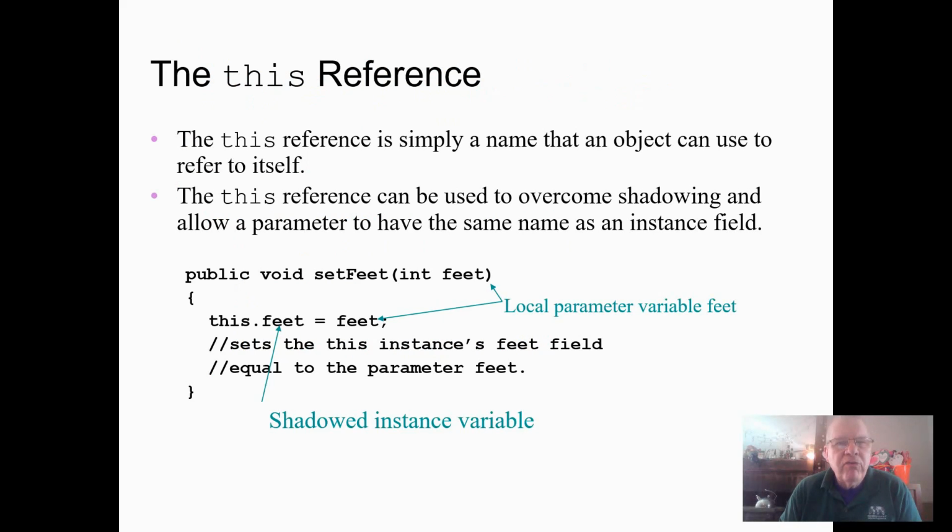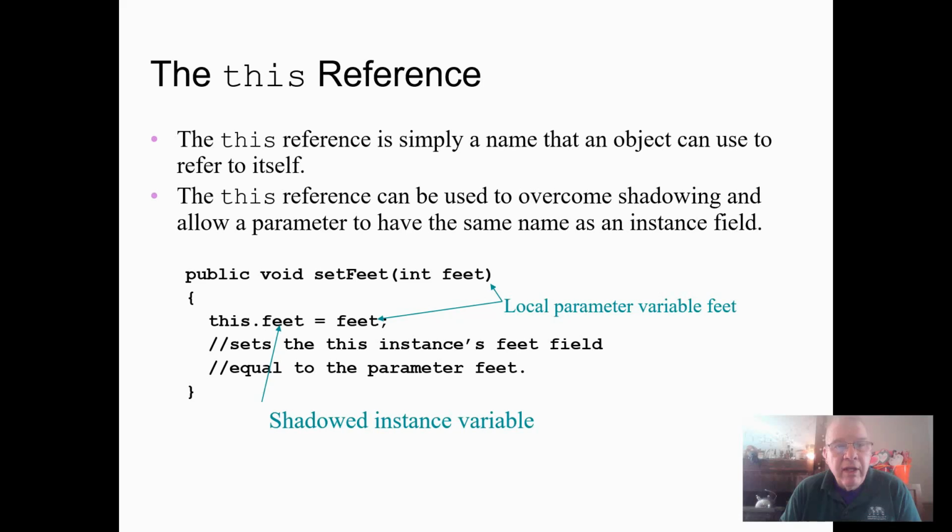So let's talk about the this reference. This just points to the object itself, and that can be used in several circumstances. It helps overcome shadowing. If in this constructor setFeet took an argument of int feet, and then it had an instance field of feet, well, that would be shadowing.